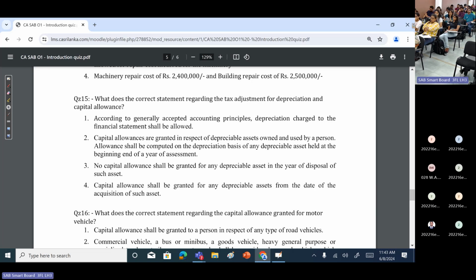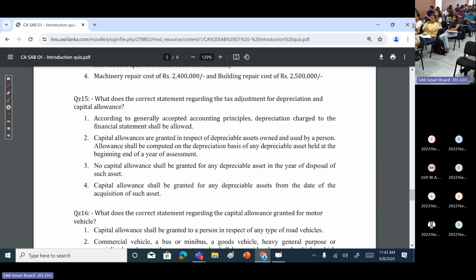Right? No capital allowances shall be granted for any depreciation in the year of disposal of such asset. Allowances shall not be granted in the year of disposal. That's also correct. That is correct.